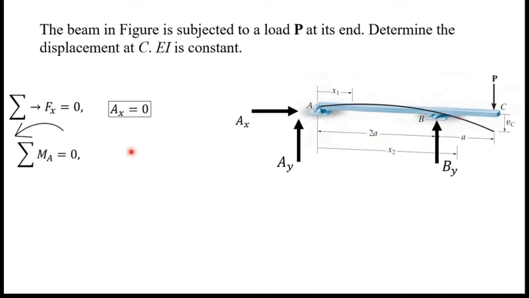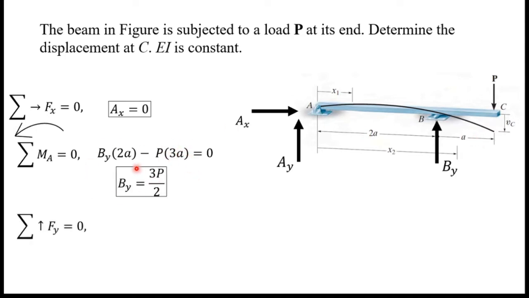Next, I am going to take moment about point A in the counterclockwise direction. I will have By times 2a minus P times 3a. 3a is the overall length, 2a plus a is 3a. If I simplify this, I will have By equals 3P over 2.